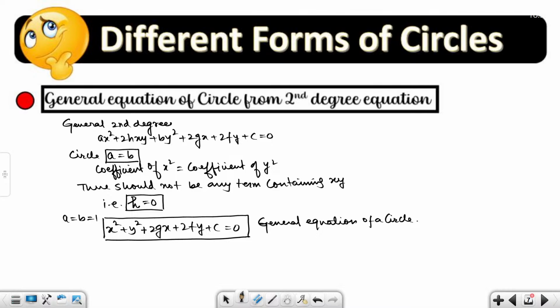Now the big question: what is its center and what is its radius? So what I will do here is transform this equation into center radius form. For that, I'm doing a simple calculation. Please check this one.